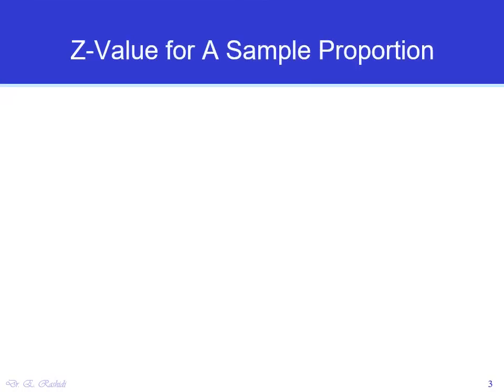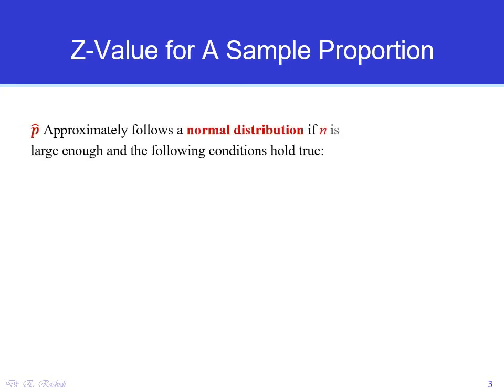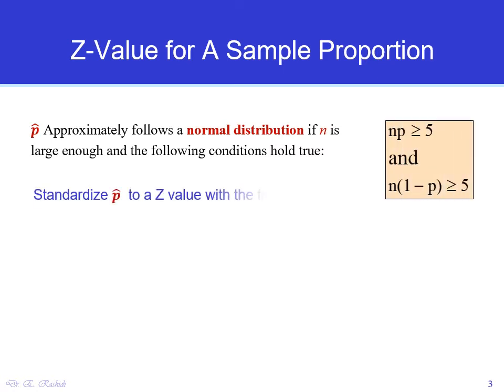If the sample proportion P hat follows a normal distribution, given that the conditions hold true, then we can standardize P hat.